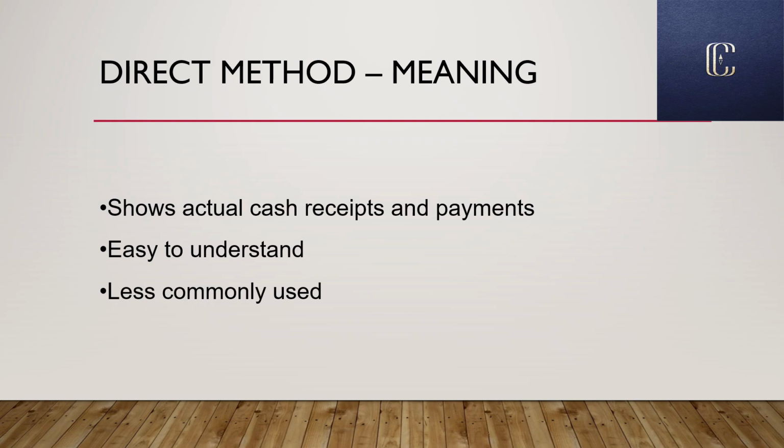Cash outflow includes cash paid to suppliers, cash paid for salary, cash paid for rent, and cash paid for electricity. For example, if business receives rupees 1 lakh from customers and pays rupees 60,000 for expenses, the statement directly shows these two figures. There are no adjustments, no confusions.